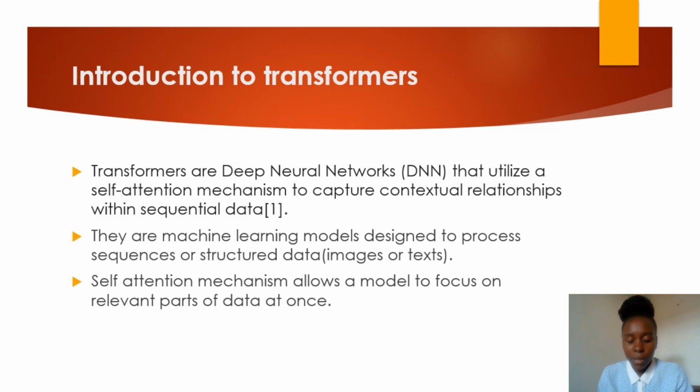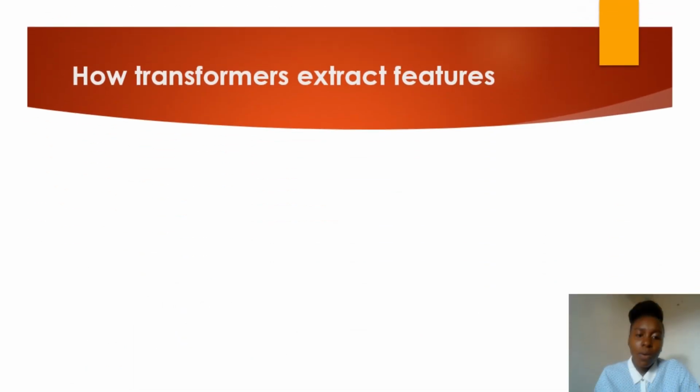For example, if you have a sentence, it won't start from the first word, then the second word, then the third word. It will look at the whole sentence at once, whether it is the first word or the last word. It understands everything in parallel, not in a sequence format. So this is how transformers extract features.